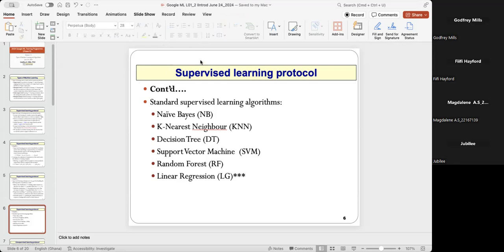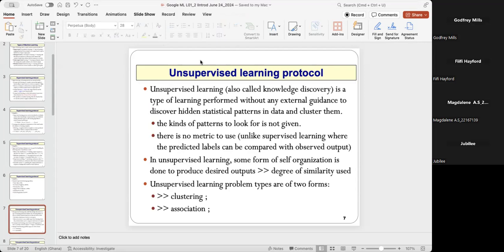Okay, now we come to unsupervised learning. As we said earlier, unsupervised learning operates without any external guidance. So the algorithm has to discover its own ways of organizing the data into what we call groupings.